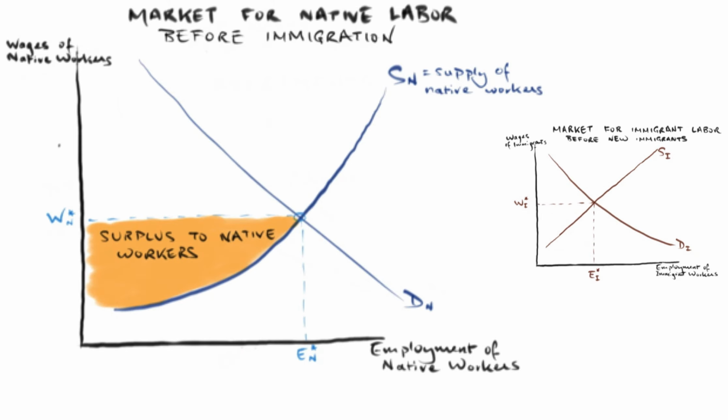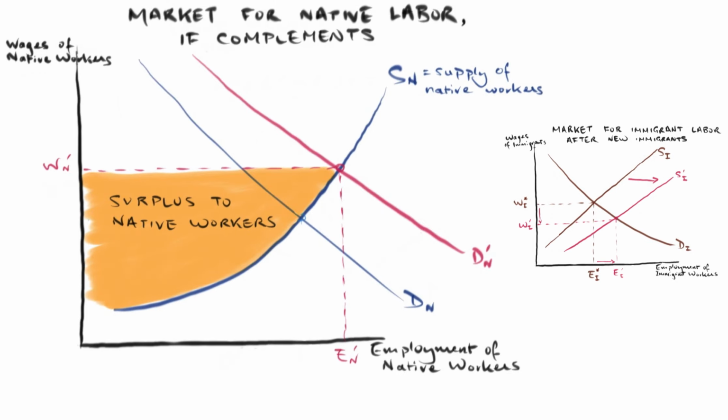Before, there was a smaller area of surplus to native workers. After the arrival of the new immigrants, that surplus area increases. So again, cheaper immigrant labor increases demand for the native workers, resulting in higher wages and higher employment of natives. And both of those cause the increase in surplus.